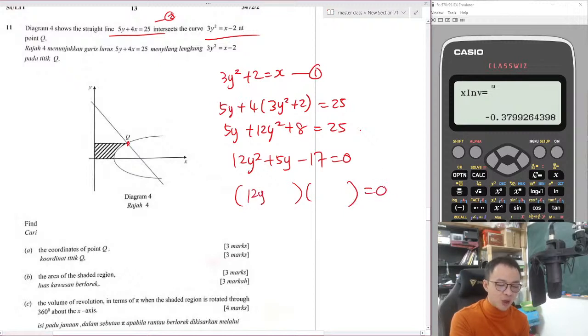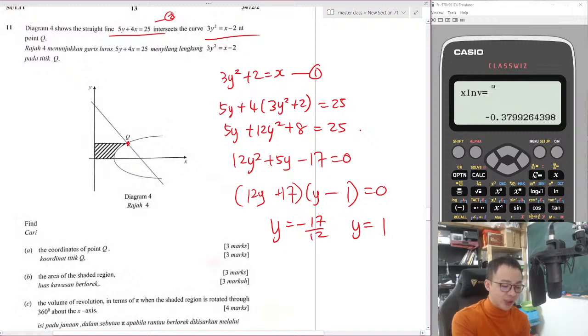Factorize: 12y and y, 17 and 1, plus and minus. So y equals negative 17 over 12, and y equals 1.